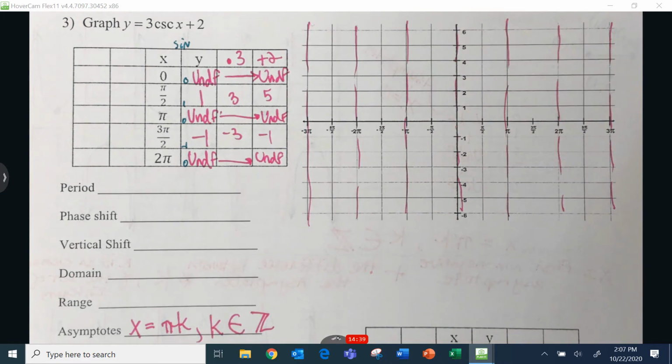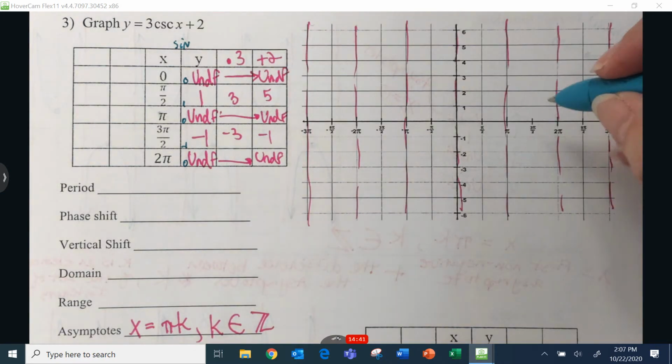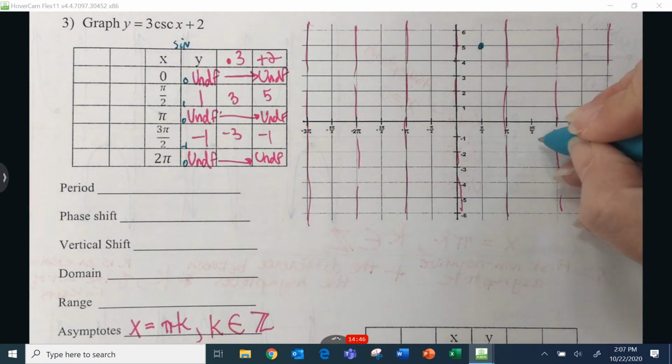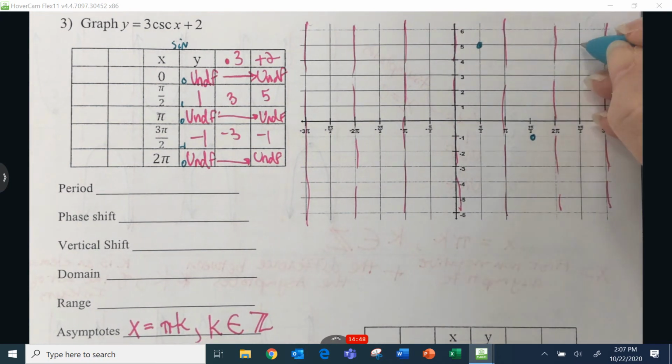All right, back to my graph. Pi over 2 is 5. 3 pi over 2 is -1. And then we just follow a pattern.